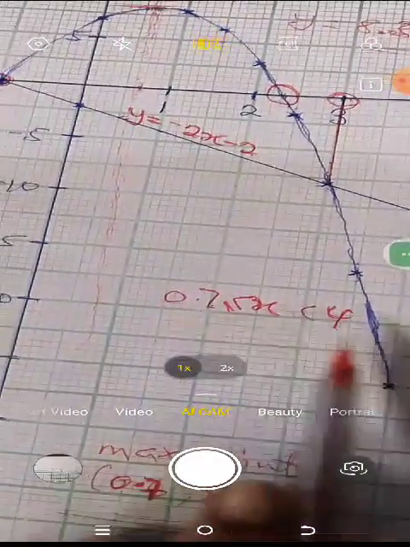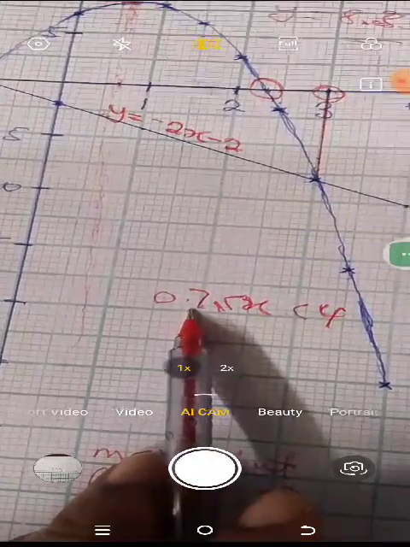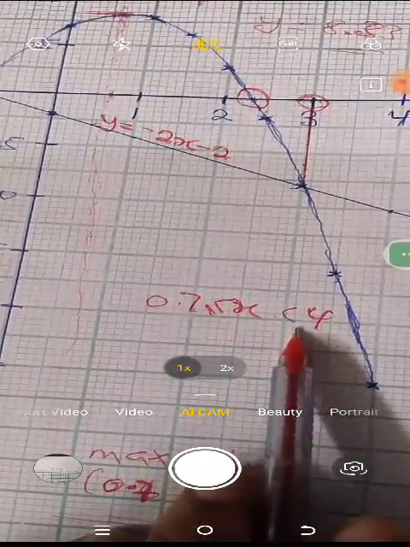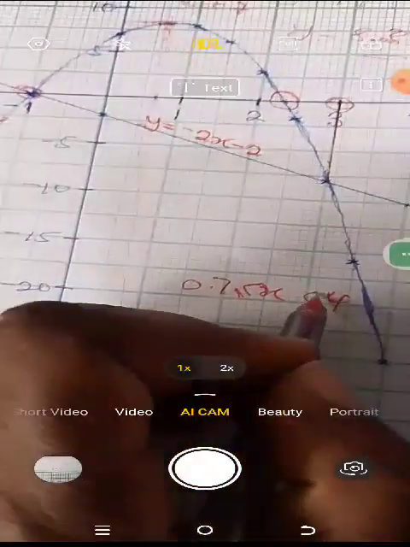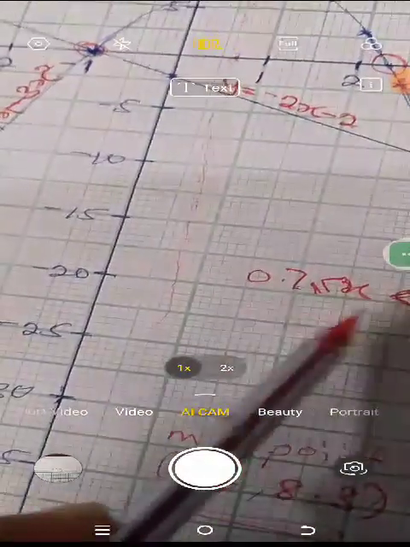So we say x is greater than or equal to 0.7, then x is less than 4. This is the range of values of x for which y is decreasing.